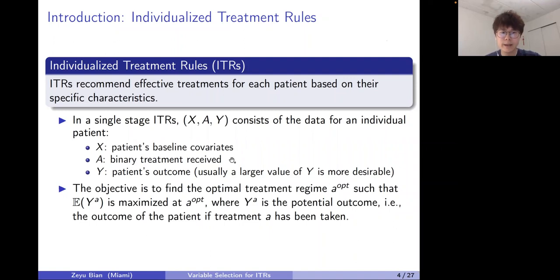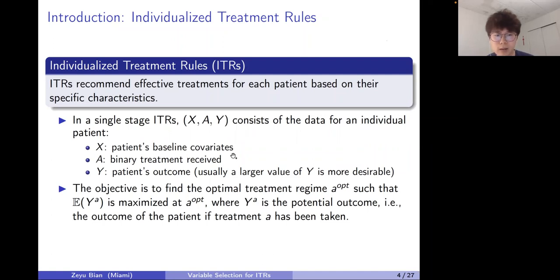The objective of ITR and precision medicine is to find the optimal treatment regime such that the expectation of Y(A) is maximized, where Y(A) is the potential outcome. That is the outcome of the patient, assuming that treatment A has been taken.